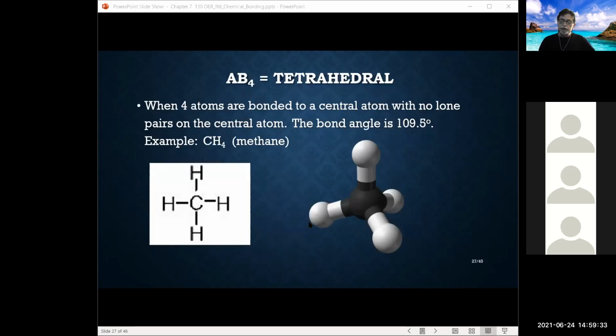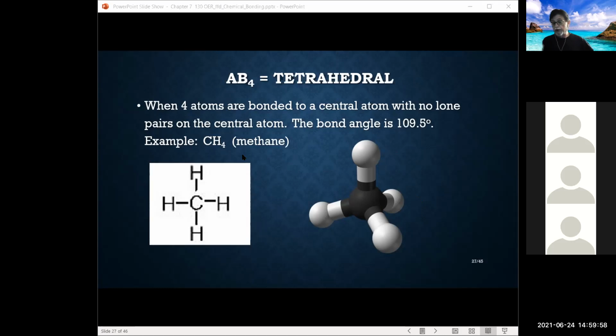The most common geometry, again, here's that model, which helps you perceive it three-dimensionally. This one here is called methane. It's a hydrocarbon. We call it hydrocarbon because it's made up of nothing but carbon and hydrogen. You're familiar with these hydrocarbons.